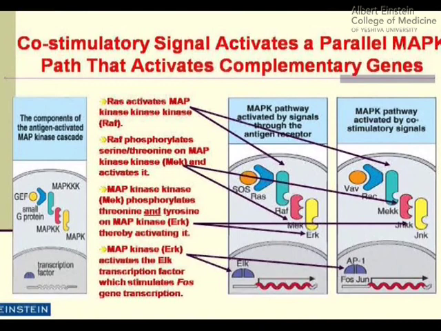So here you have the RAF-MEK, the classic antigen-specific receptor signal, and that's going to turn on a transcription factor called ELK. The MAP kinase pathway activated by co-stimulatory signals turns on a protein called JUN.